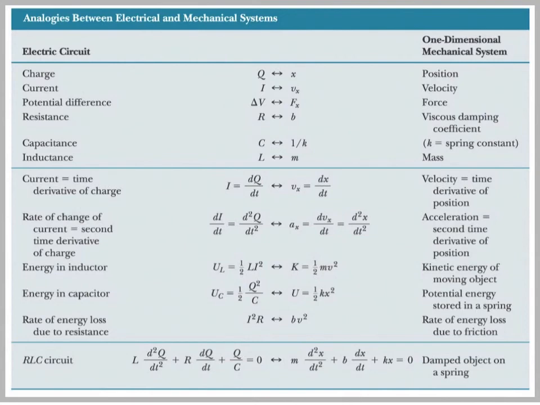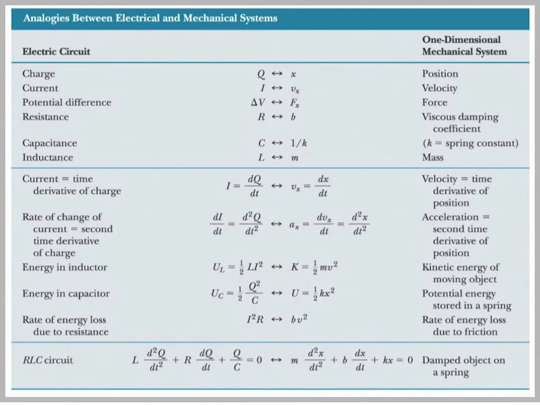A potential difference, delta V, acts the same as a force in a mechanical system. And resistance, R, is the same as B, our viscous damping coefficient that we talked about in resistive forces last semester. Capacitance acts like a spring constant, and it's actually 1 over the spring constant. And inductance plays the same role as mass.